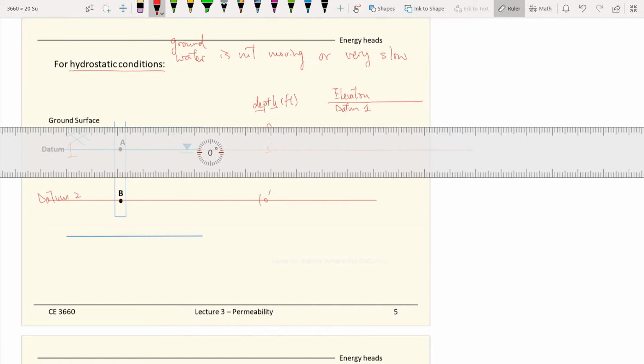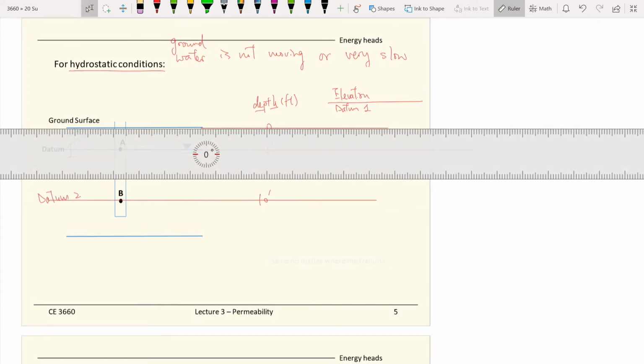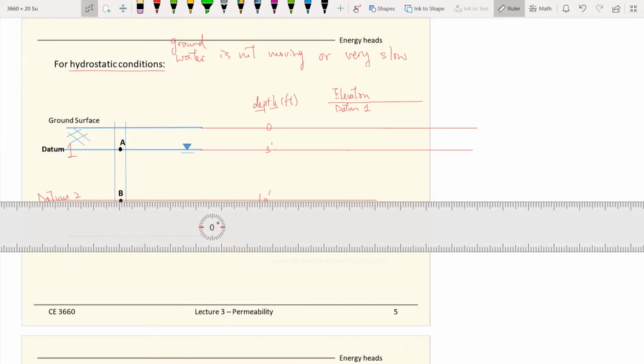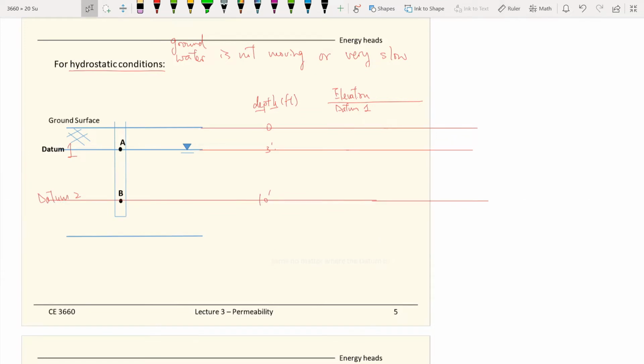Let's extend these lines. Okay, so speaking of the elevations, if we set up our datum at point A, which means the elevation at point A is 0. And it's up to us. In our geotechnical convention, we assume going down, increasing with depth, is positive.